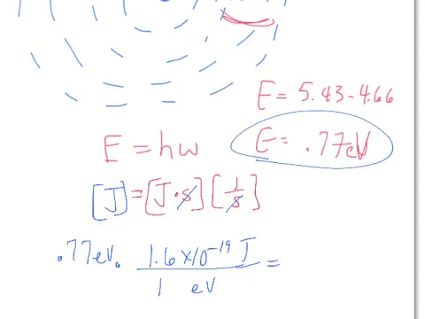Okay, so this is the same exact number you're going to use when you look at the elementary charge, as opposed to this number here with electron volts, which converts to joules and not coulombs. So multiplying here, we're going to see our electron volts cancel. We end up getting a value of 1.2 times 10 to the negative 19 joules of energy.